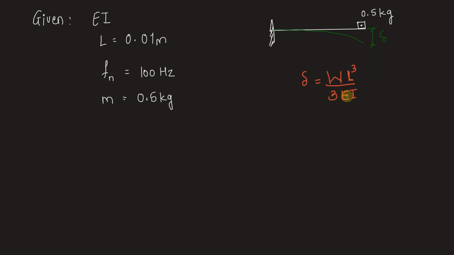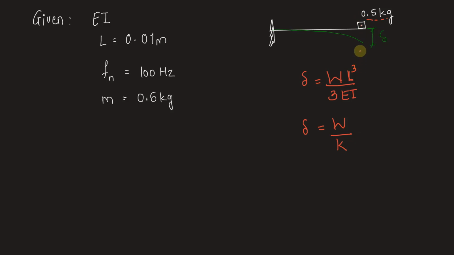W can of course be calculated from the mass given, 0.5 kg, which will be m into g. But we can also calculate deflection with respect to stiffness. So it will be W divided by the stiffness at this particular point.